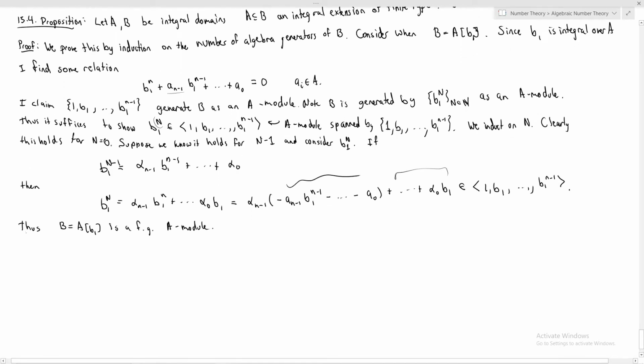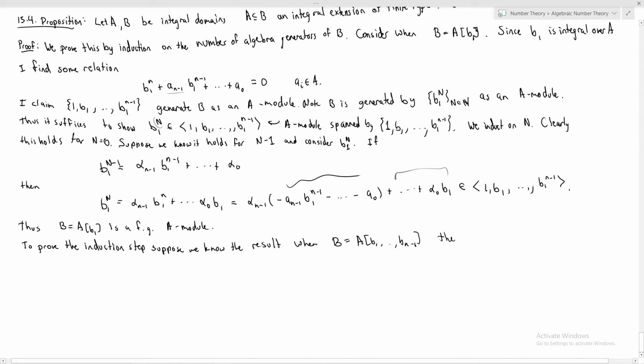To prove the induction step, suppose we know the result when B equals A join, let's say, B1 through B little n minus 1.